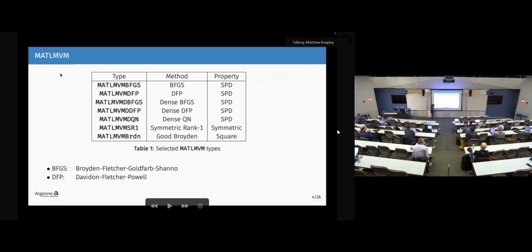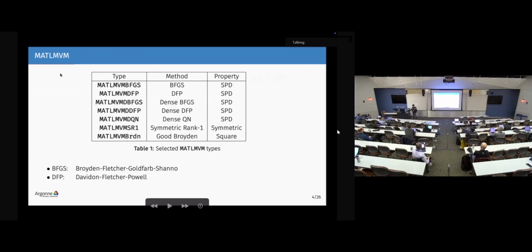As a side note, there is also SR1, which is symmetric rank 1 and has a symmetric property, and there are Broyden methods, like bad Broyden, which you use if your Hessian need not be symmetric.